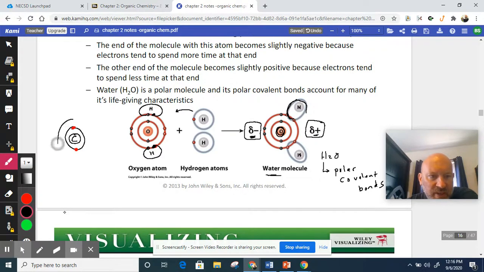In the second shell, there's 4. 1, 2, 3, 4. Because there's 4 in the valence shell, they're equally distributed. So if carbon was to do the same thing and share electrons with 4 hydrogens, that would look like this.